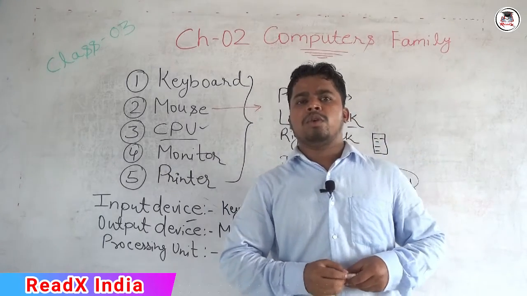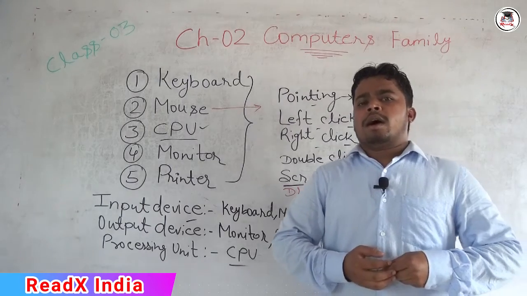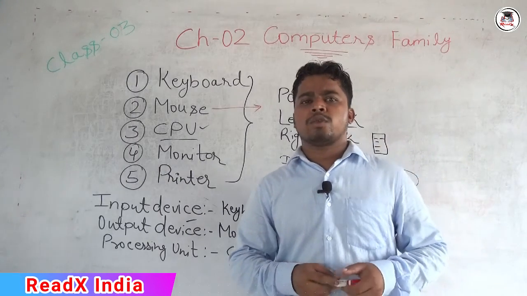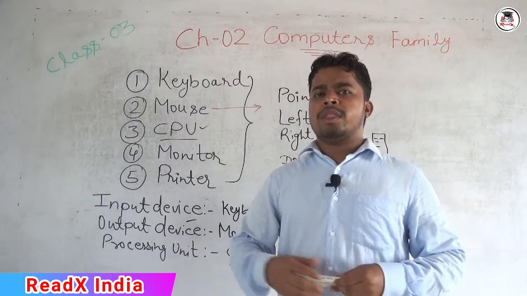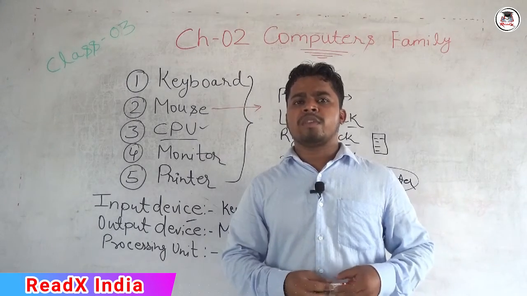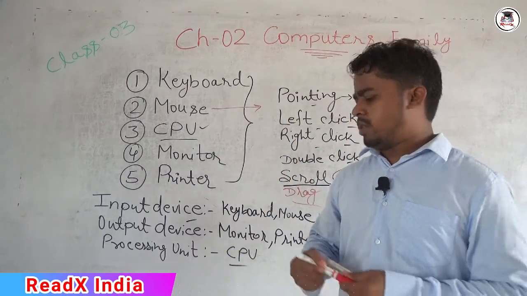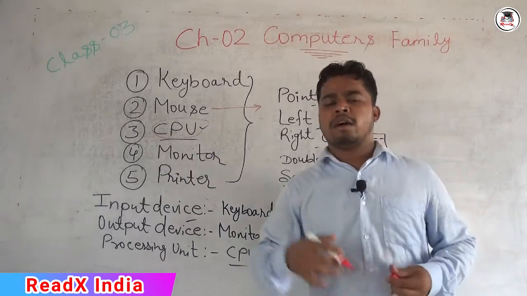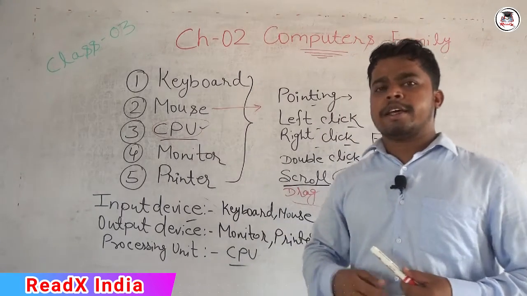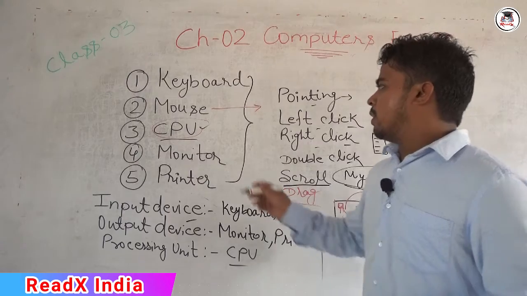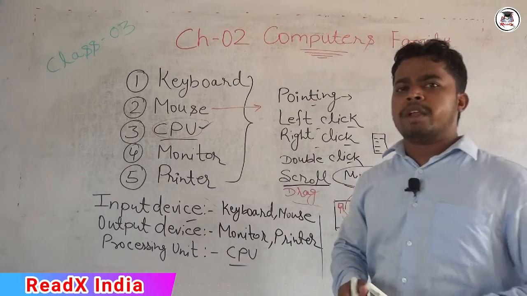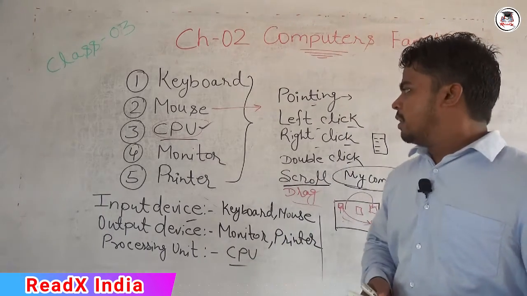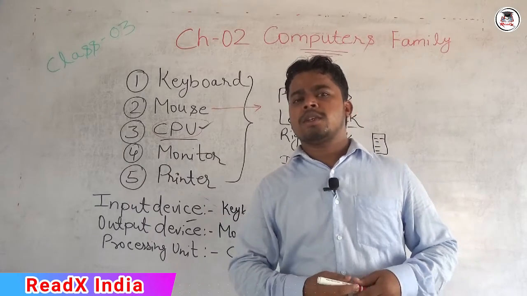Suppose we have asked to add two numbers or subtract two numbers, or to open a particular file. With the help of our input device we give the instructions, all those instructions are processed in the CPU, and after processing it does the task as per the requirement. That is the reason it is known as the brain of a computer. It takes the decision, then it processes it. Its full form is central processing unit.